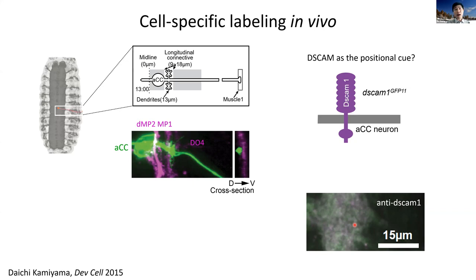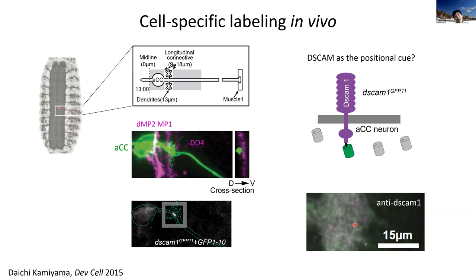To solve this, Daiji knocked in GFP11 at the endogenous DSCAM locus and expressed GFP1-10 with a neuron-specific promoter. So only in the ACC neuron, we now got specific labeling of the endogenous DSCAM. And here we have specific labeling. It's very clear that DSCAM is right at the base of those dendritic projections, at the interface between the ACC and MP1 neurons.